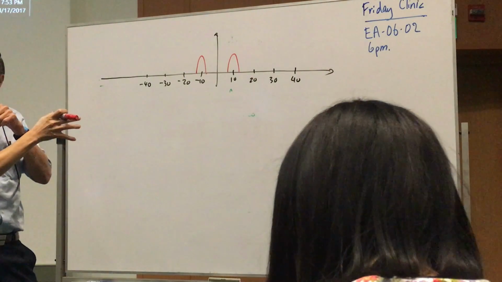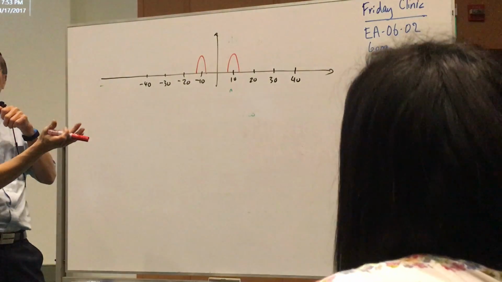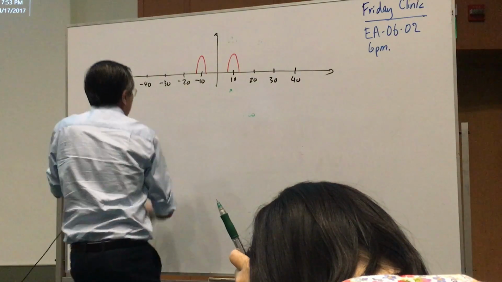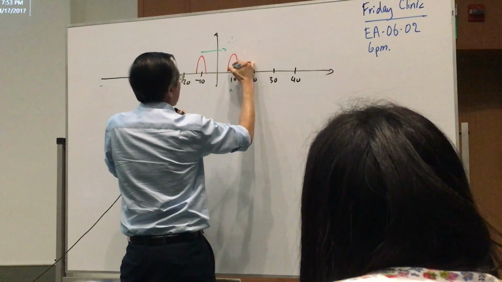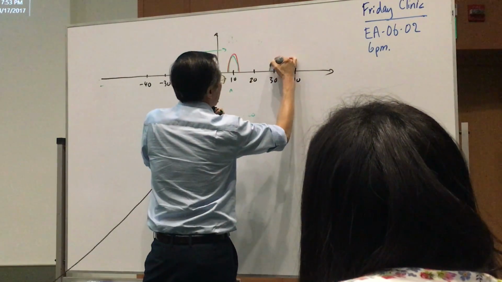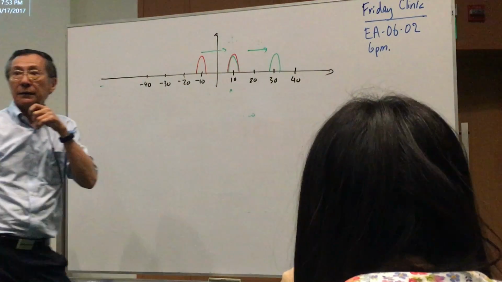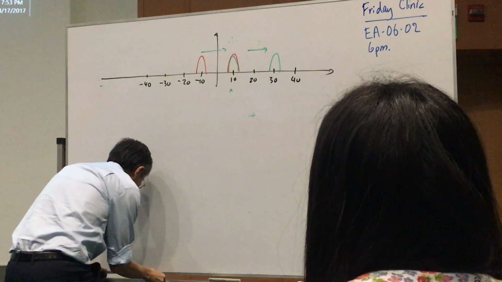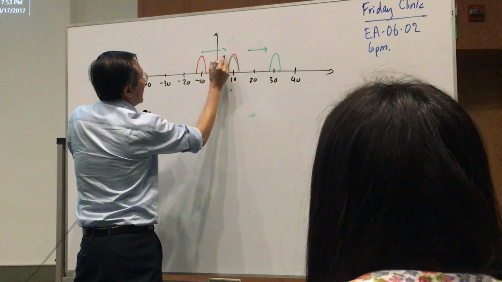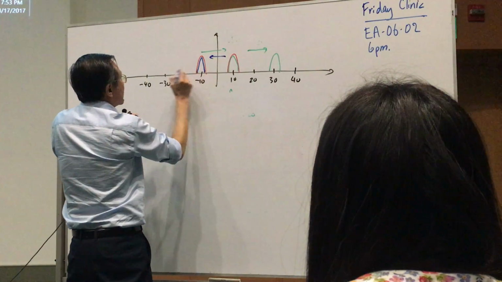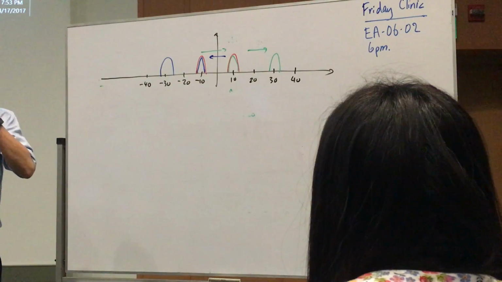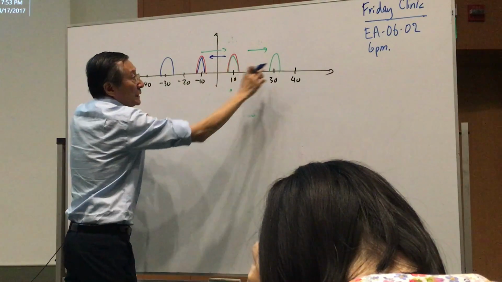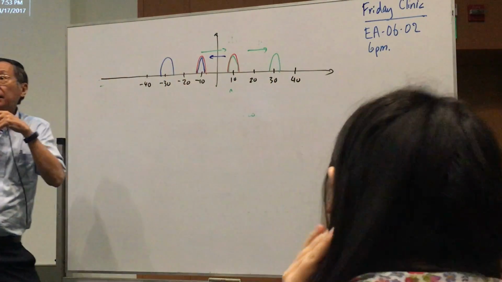Okay, I'm going to move this red guy 20 Hertz to the right. If I move it 20 Hertz to the right, this guy will come here, and this guy will come here. If I move it to the left 20 Hertz, this guy will come here, and this guy will come here. You see what I mean by overlap? So in the end, you will have a spectrum with all these humps at all these locations, but double the height.